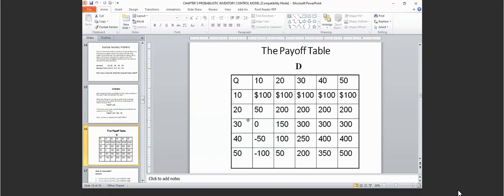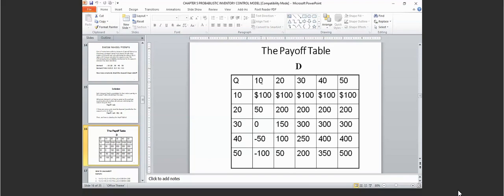So the next analysis is on the order quantity of 40 units. We repeat the process to analyze the expected profit for the cell at the demand quantity of 10 units.